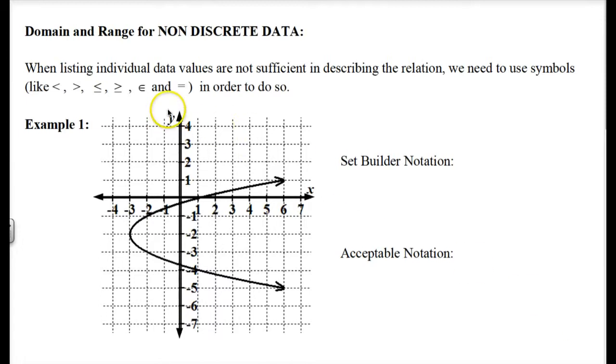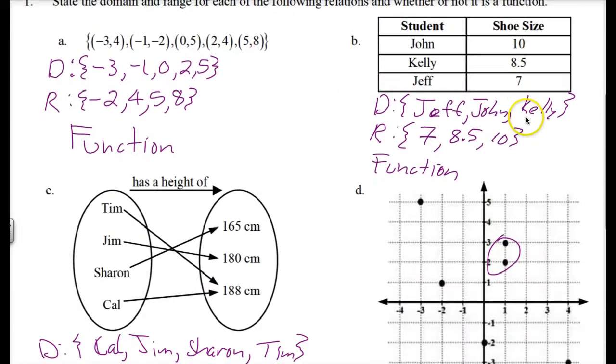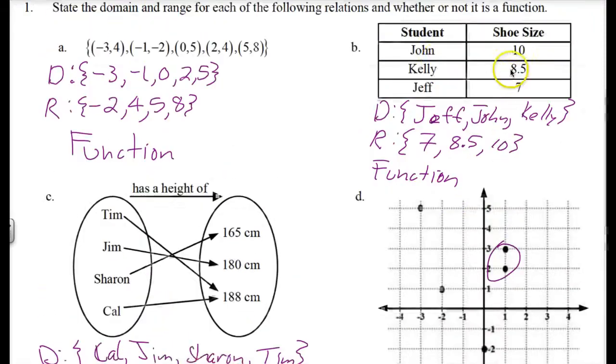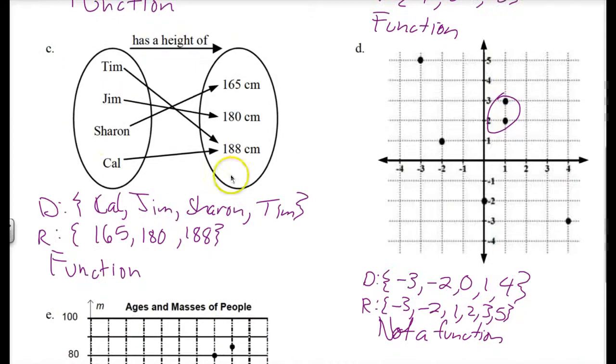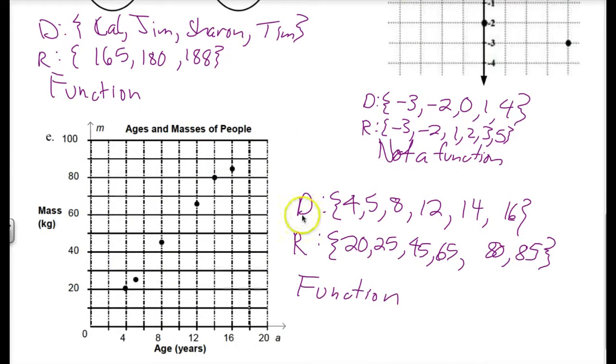Domain and range for non-discrete data. So you notice on the last page the data was discrete. It was ordered pairs, it was points on a graph, it was lists of names, it was individuals, and again, points on a graph. But what if the data is not discrete?